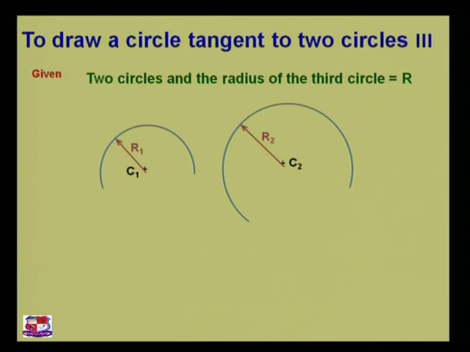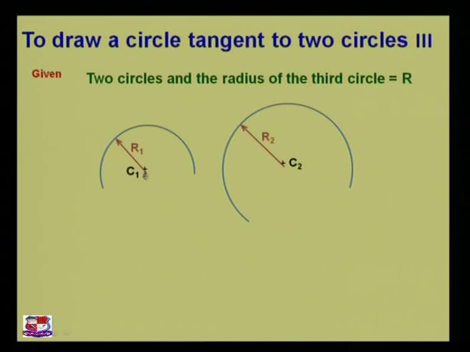If you feel a method is comfortable for you, you can use that method. It is not compulsory to remember all three methods. You need to properly handle these methods to draw this kind of tangent circle to the two circles.